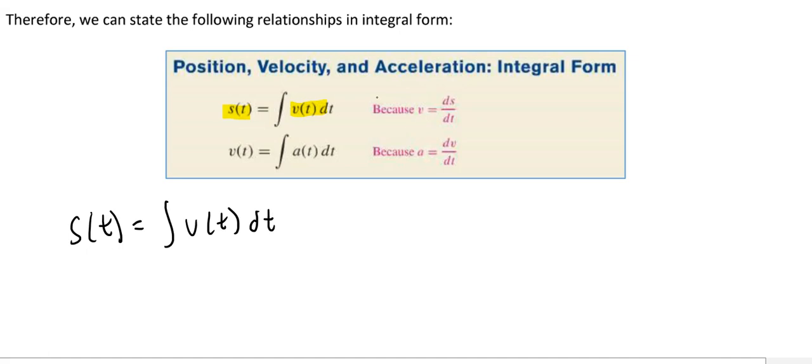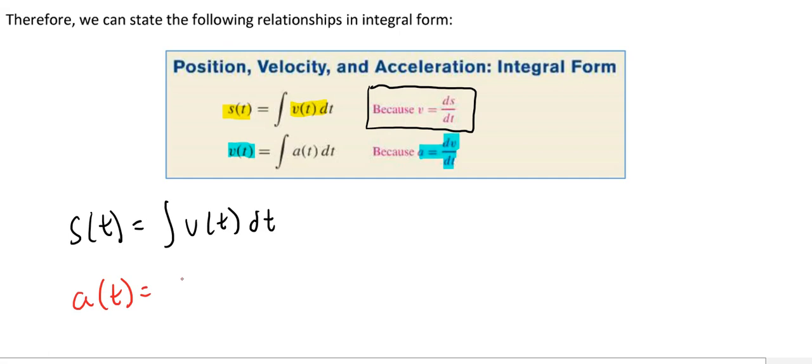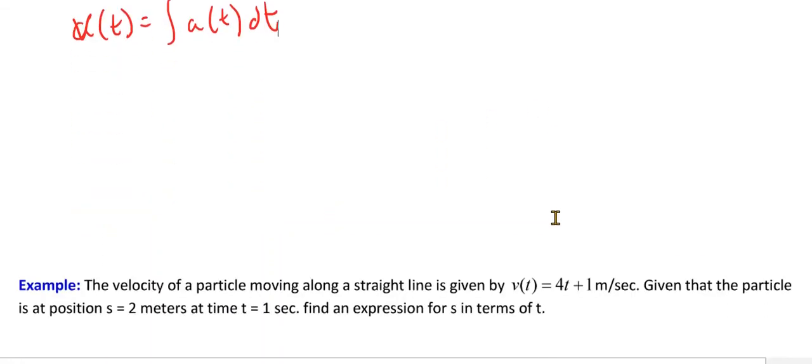Likewise, velocity can be found by finding the antiderivative of acceleration, because acceleration is the derivative of velocity. These are our two inverse relationships: velocity is equal to the antiderivative of acceleration. Now we're going to use that relationship in a couple of problems.